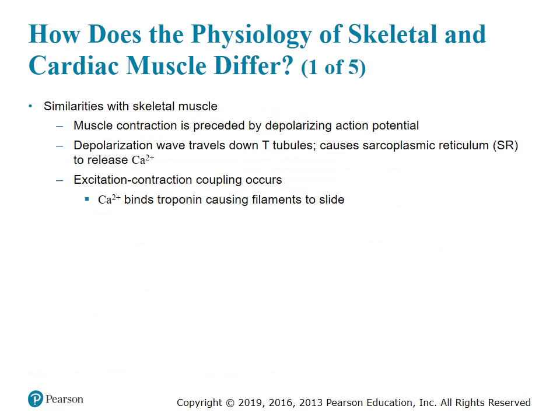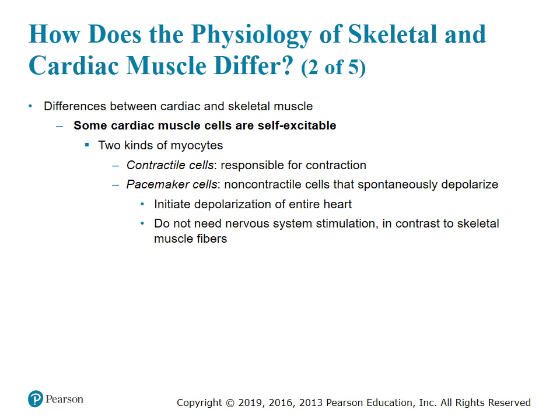That's what we're discussing. But the other ones that are self-excitable are the ones that we call pacemaker cells. They don't do any contraction. What they are involved in is sending out the signal for the other muscles to contract. They initiate depolarization.